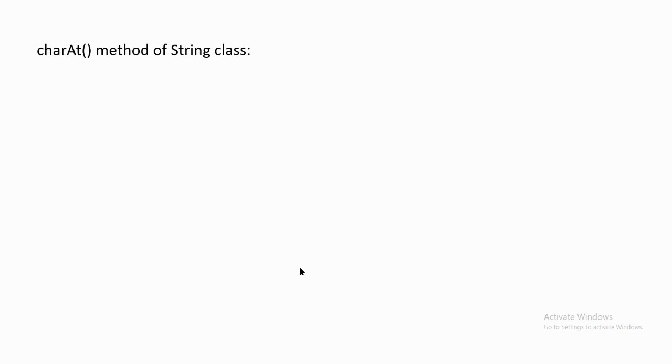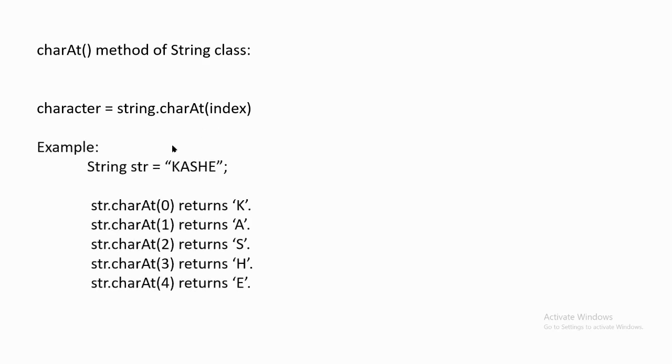Due to its simplicity, I am using the charAt method in the String class to reverse the given string. The usage of charAt is like this. It takes an index as an input argument and returns the character at the given index. To explain this, I am considering an example. Here my string object has KASHE as a string.